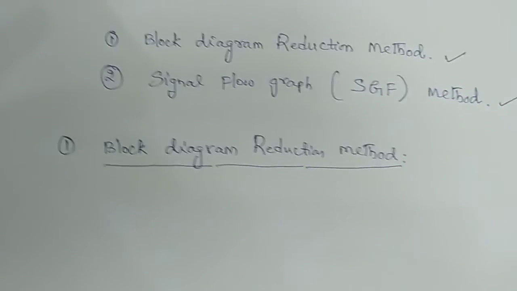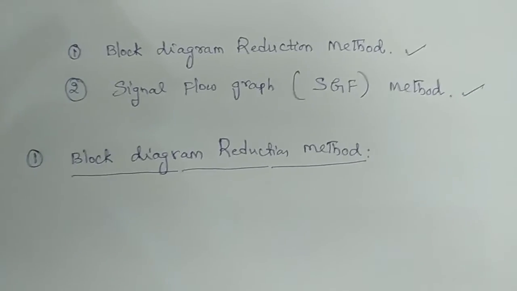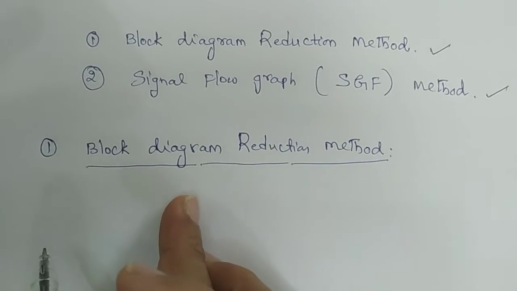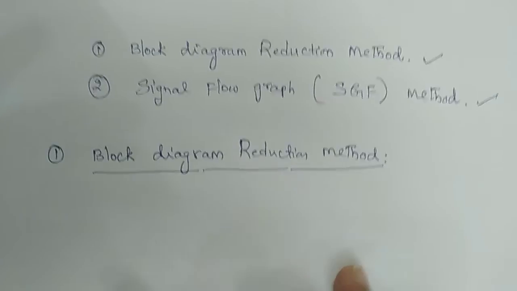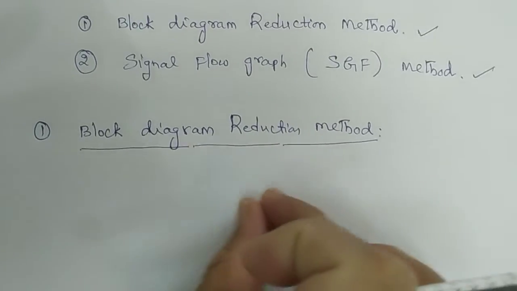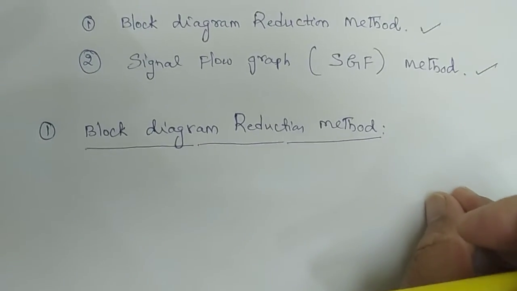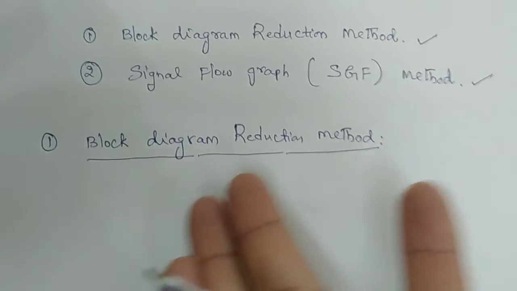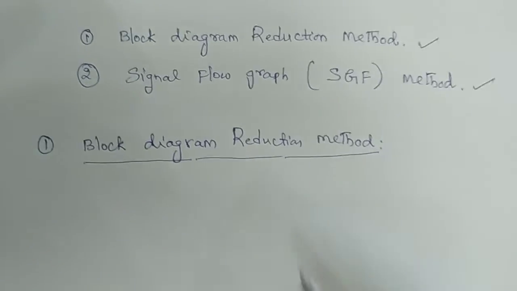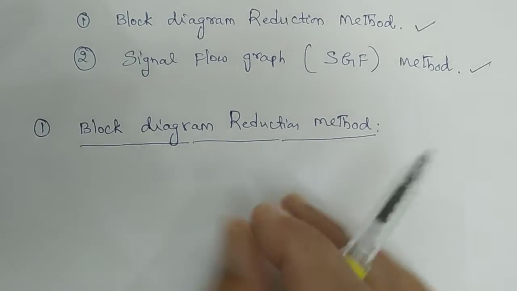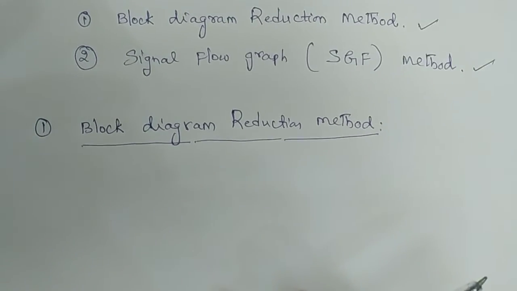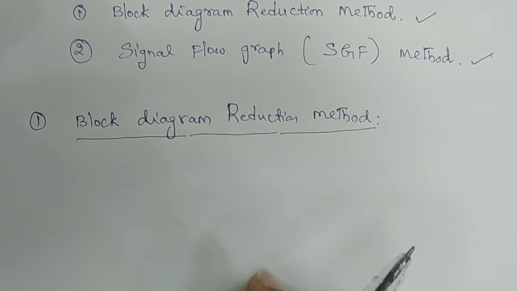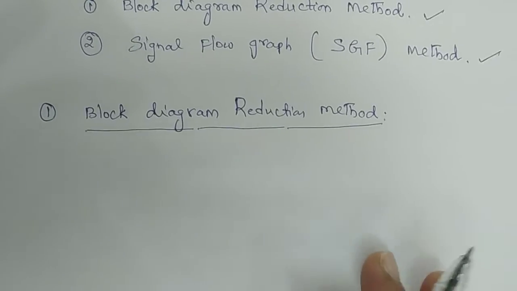In the block diagram reduction method, as the name itself implies, in the given problem you will have a number of blocks, as we have seen, either in open loop or in closed loop. We are representing the gain as one block, as well as the feedback element as another block. These are what the blocks mean.